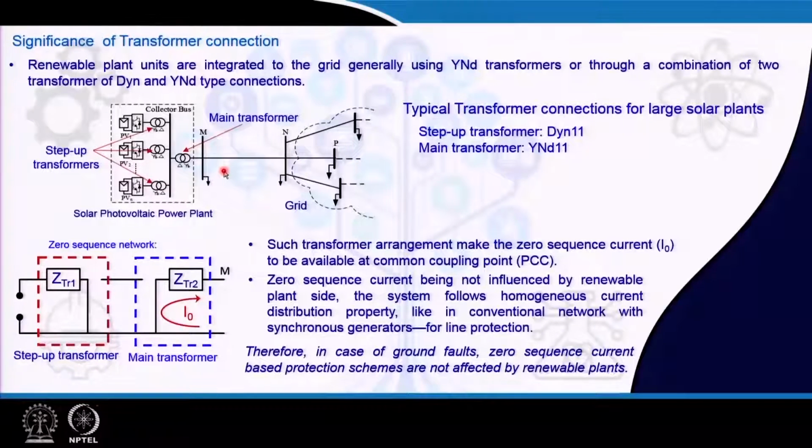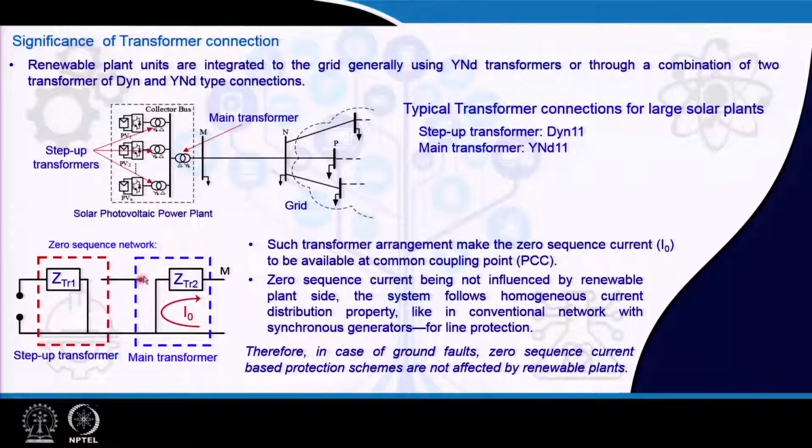So that implies that for a line-to-ground or system side fault, a grid side fault, with such transformer arrangements, the zero sequence current flows. So the zero sequence current is not influenced by the renewable plant, because it does not go to the renewable plant side.